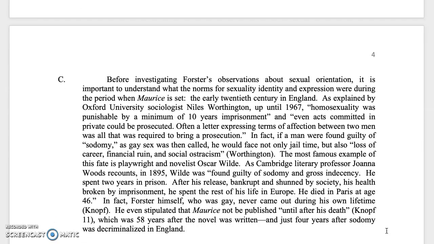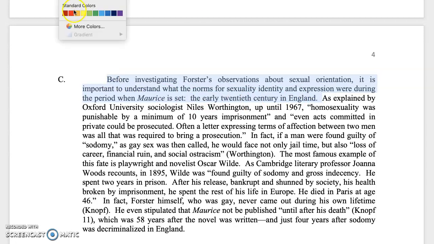All right, let's look at C here. So pause the video and read through it. All right, this is a good example of a background paragraph. First of all, right here, you see some signaling language in that topic sentence.